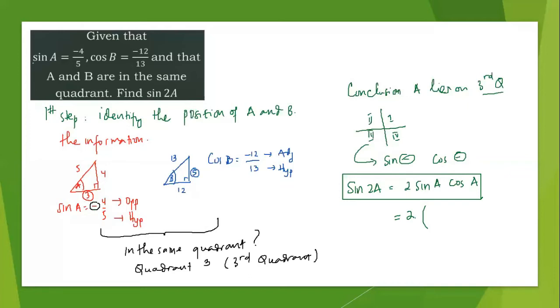So what about cosine A? Cosine A is negative 3 over 5, right? Minus 3 over 5. So the answer is 24 over 25. Positive, right?